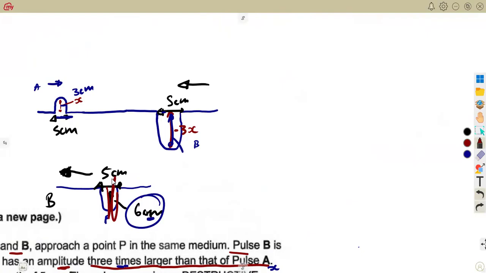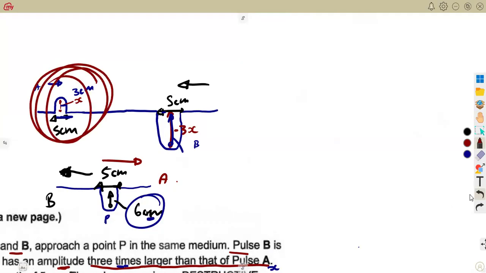They interfered here. A is going to continue to the right. So we are going to see A on this side. As they continue with their directions, their original amplitudes remain unchanged. A will remain as it is before.